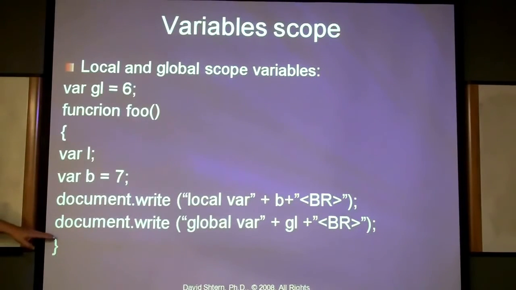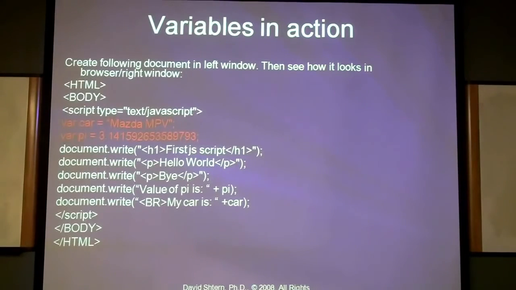Just before exiting the block, these variables will be completely erased. They will be gone. But this variable GL will exist here, and it will exist here too, even after the block is executed, because it's global. That's the difference between local and global ones. They may ask this question in the interview. I've seen that several times, so that's why I put this variable. But again, don't pay attention to the code. We are not there yet.